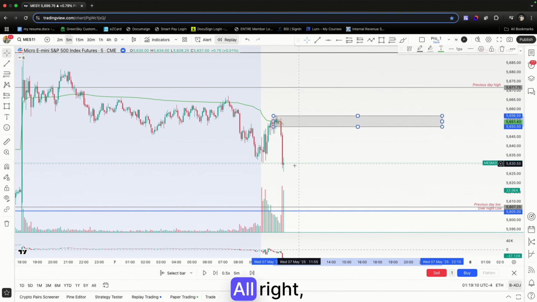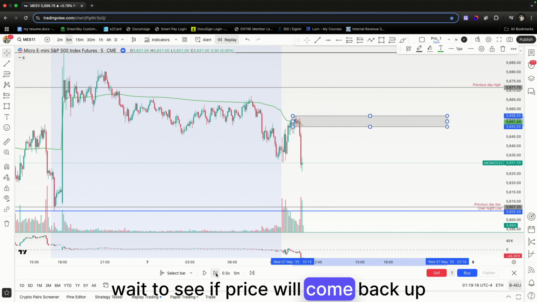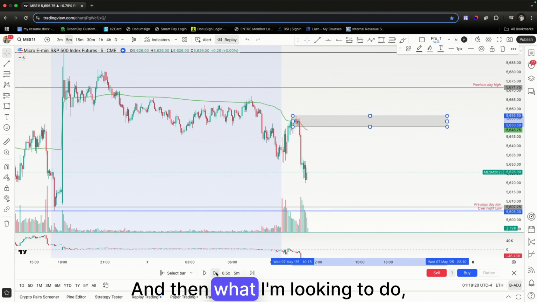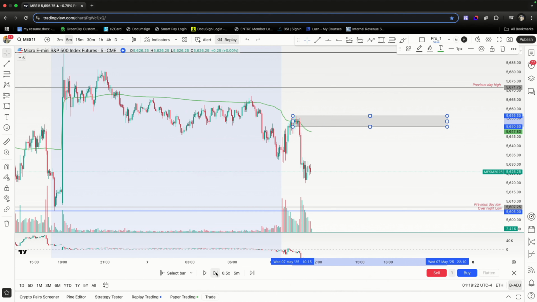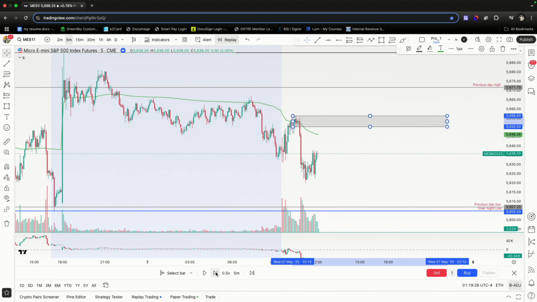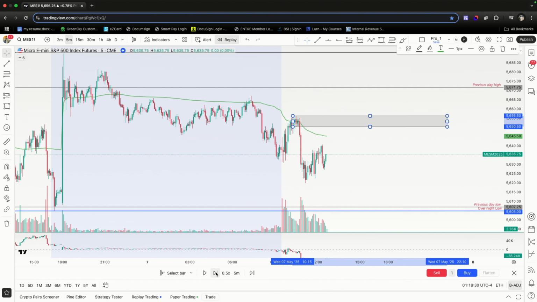Cool. All right. So I'm going to wait to see if price will come back up into this supply. And then what I'm looking to do is take a trade off my supply zone, right?